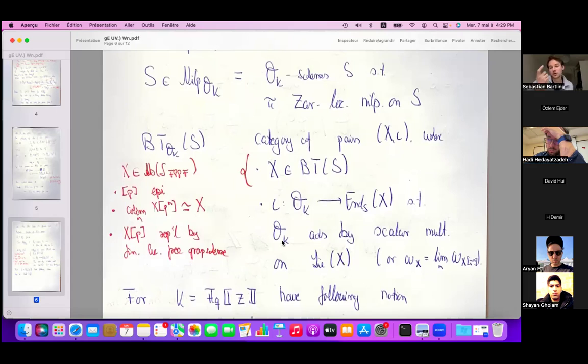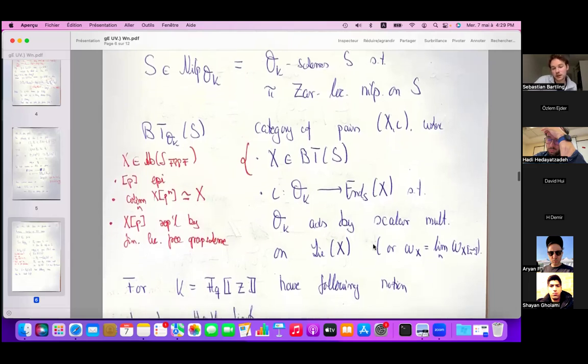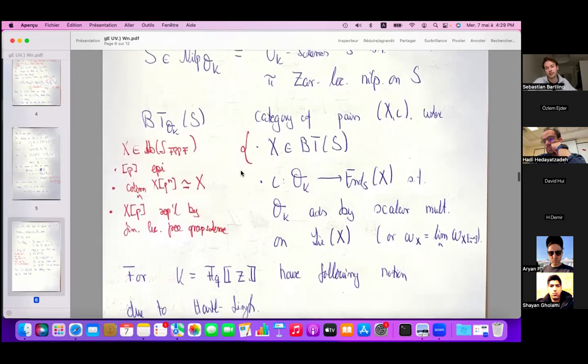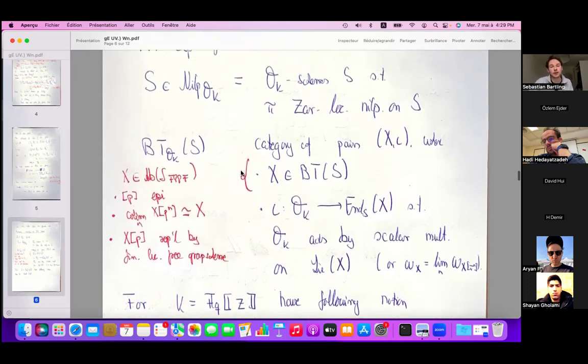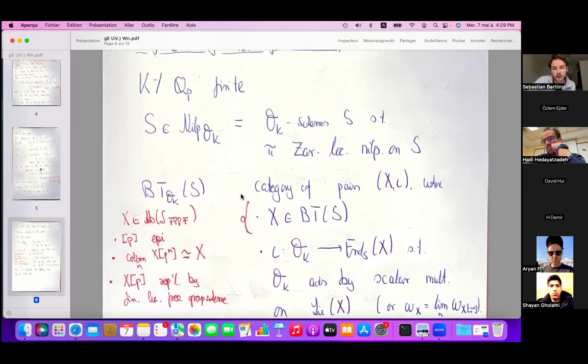Now I have two O_K-actions on this Lie algebra, one by scalar multiplication and the other by these extra endomorphisms. The requirement is that the two agree. Sometimes people call these strict O_K-modules. And so this is the p-adic situation.